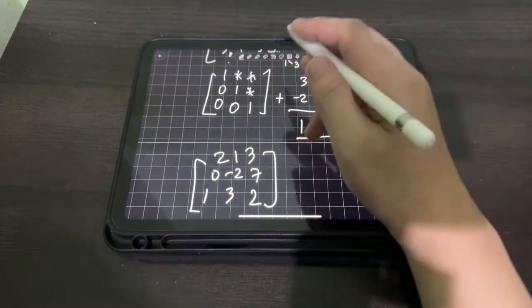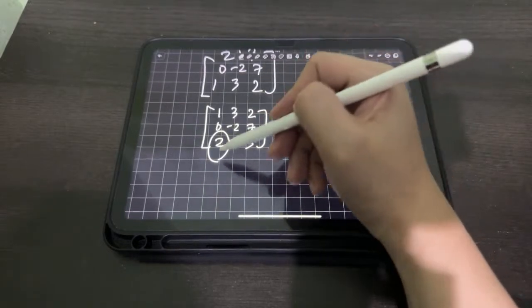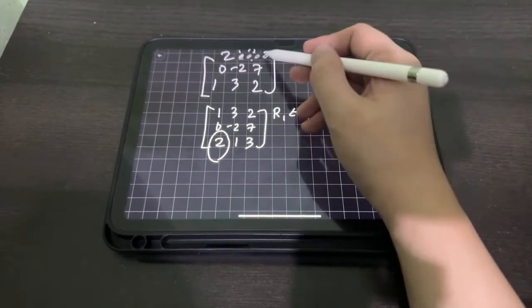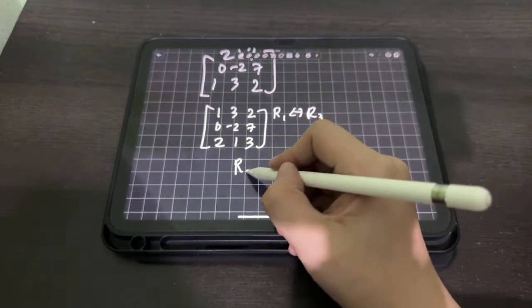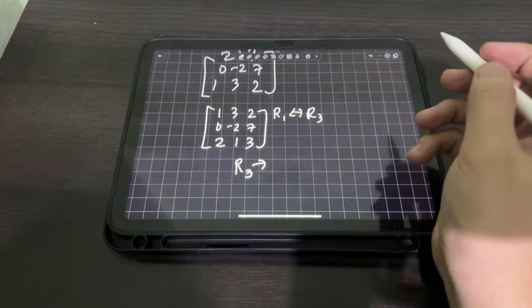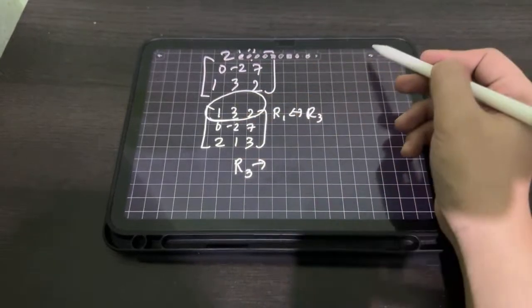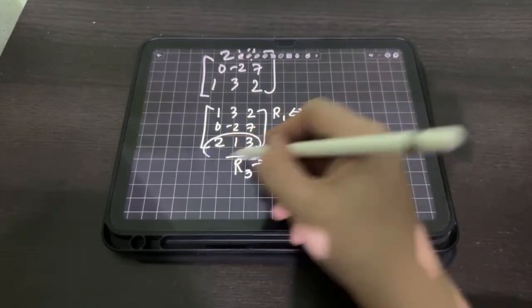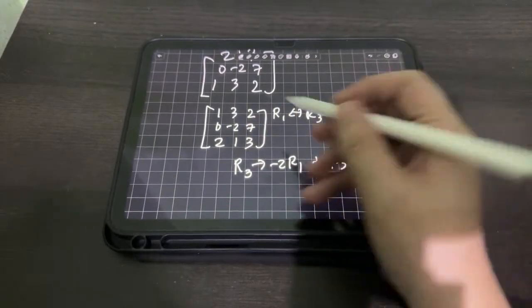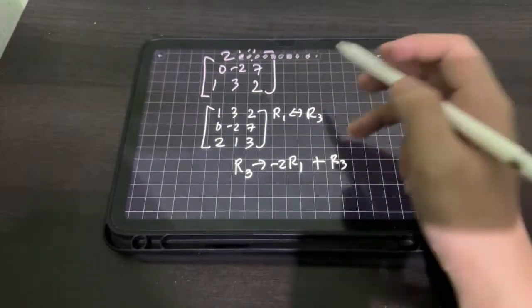Okay. So applying elementary row operation, the new entries in row 3 are equivalent to negative 2 times row 1 plus row 3. Okay? So that this 2 will become 0.